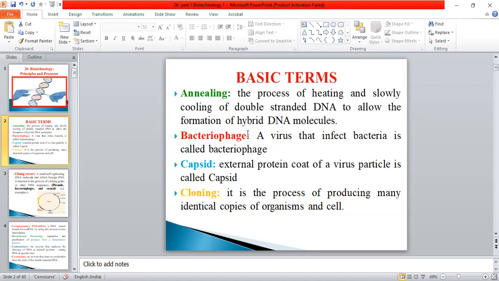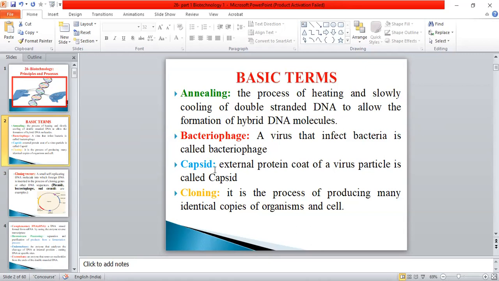There are so many bacteriophages reported here, such as lambda phage, and also the polyhedral, icosahedral head type. Those also come under the heading of bacteriophage.